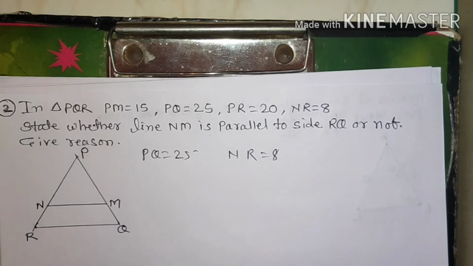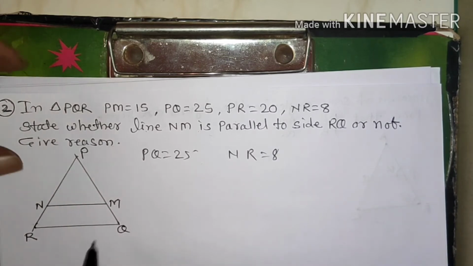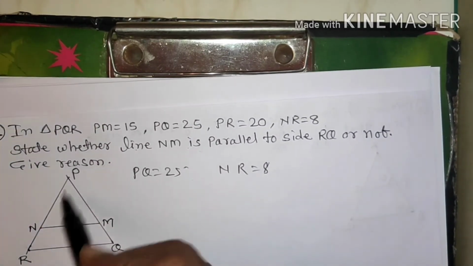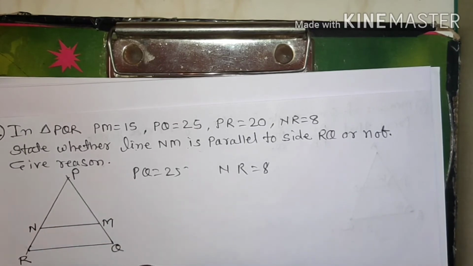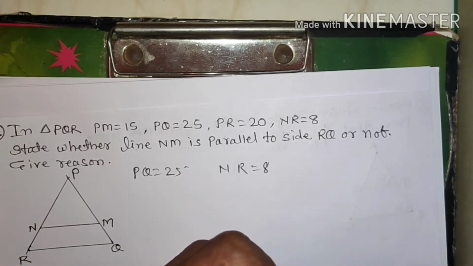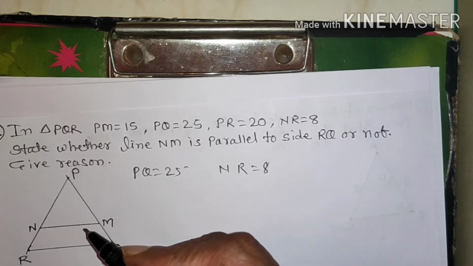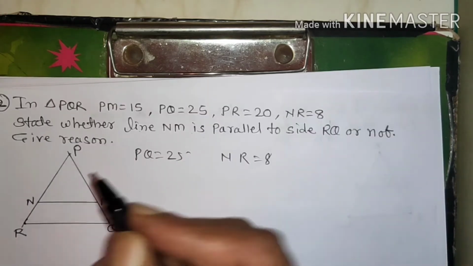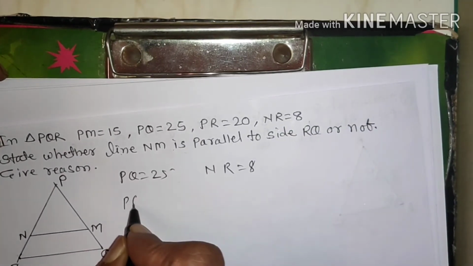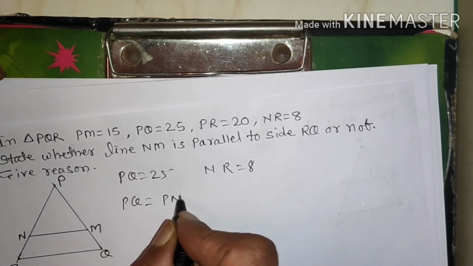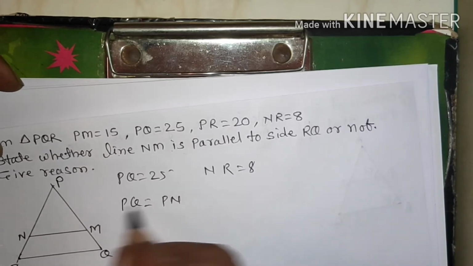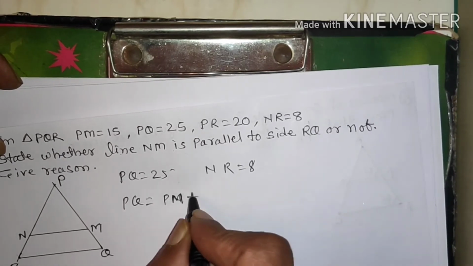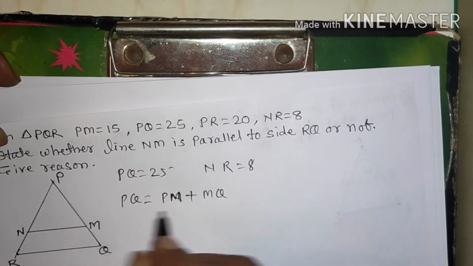Now if we look here properly, PQ is equal to PM plus MQ.